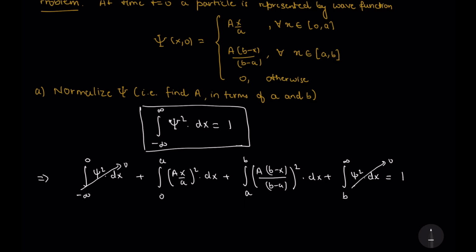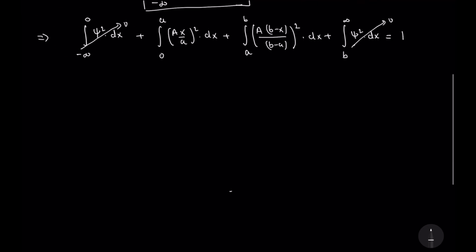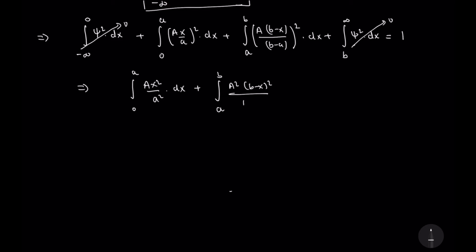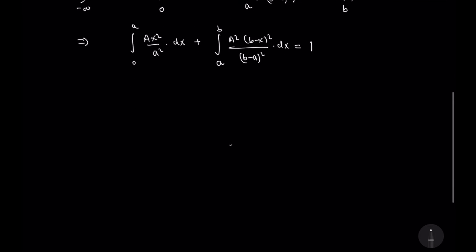I'm left with only the integral from 0 to a of a squared x squared upon a squared dx, plus the integral from a to b of a squared (b minus x) whole squared upon (b minus a) whole squared dx, and this equals 1.